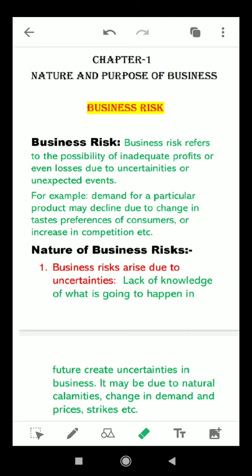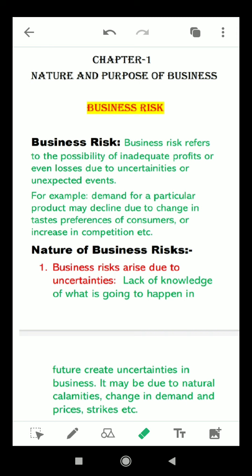A businessman has to make some assumptions for the future and bases all his decisions on those predictions. The future circumstances are influenced by so many factors, and a change in any situation may bring the risk element into play. So the uncertainties of the future create situations where business risk arises.